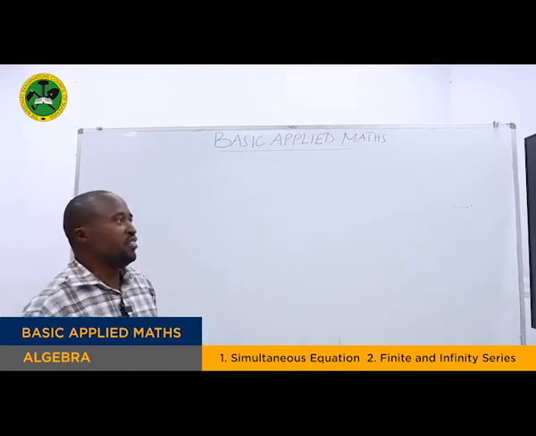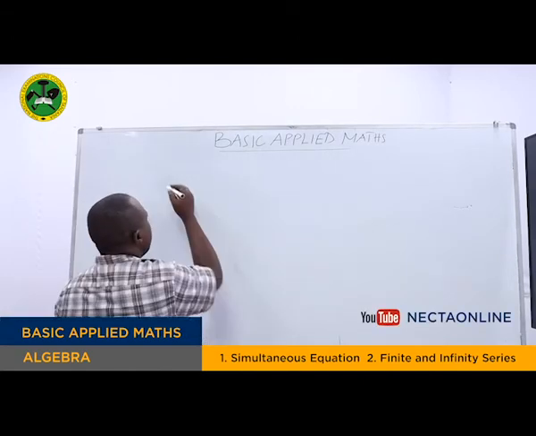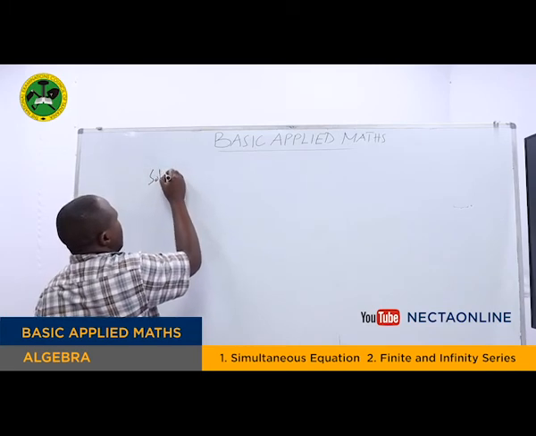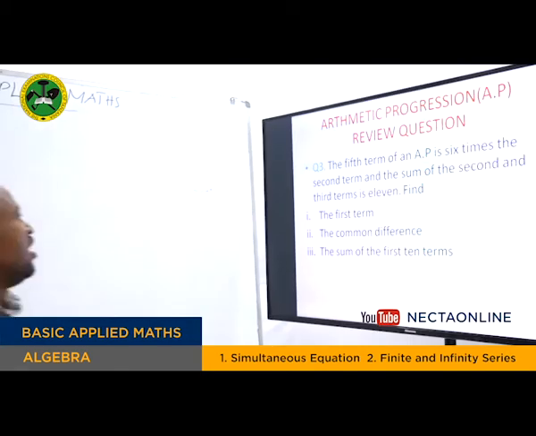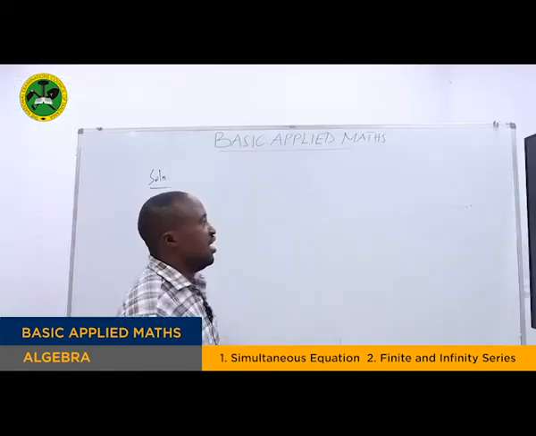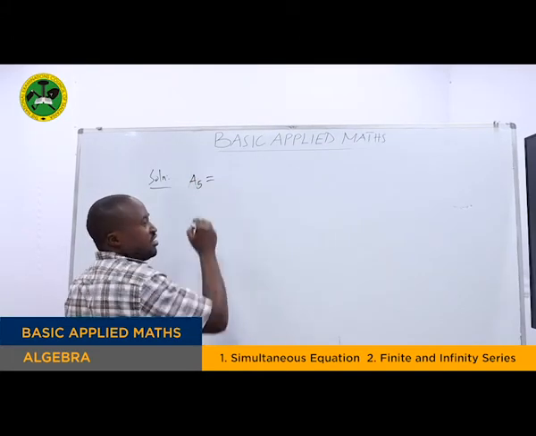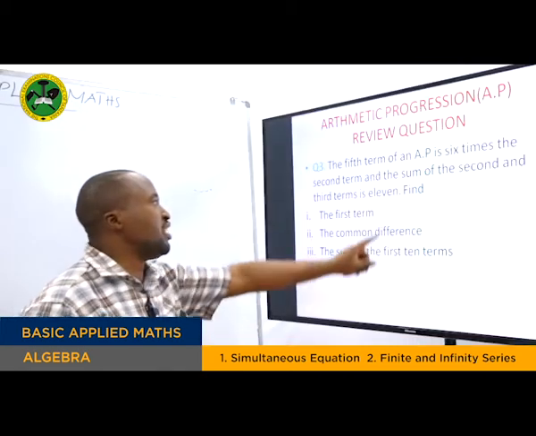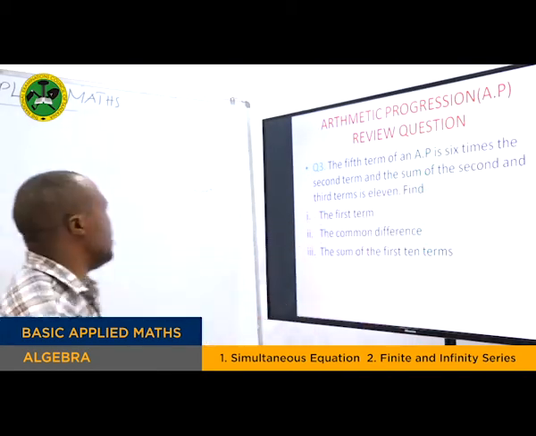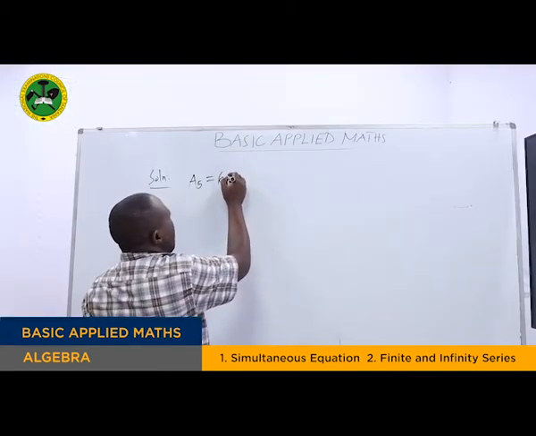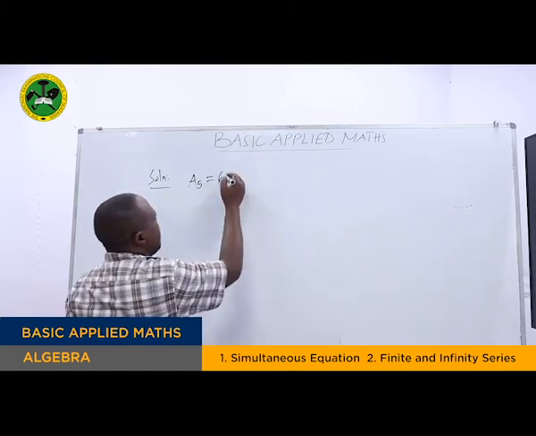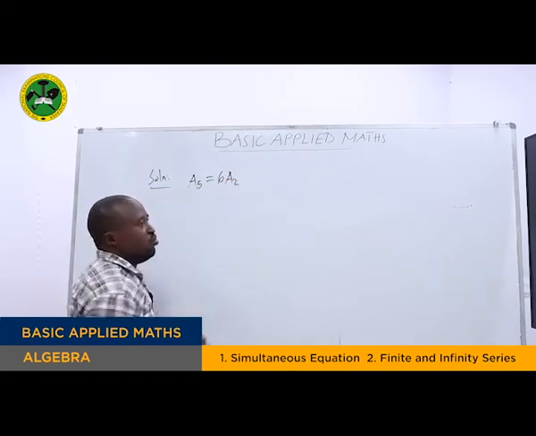So in our question, the question says the fifth term, suppose we have that is A5. That is the fifth term of an arithmetic progression is 6 times the second term, that is A2.